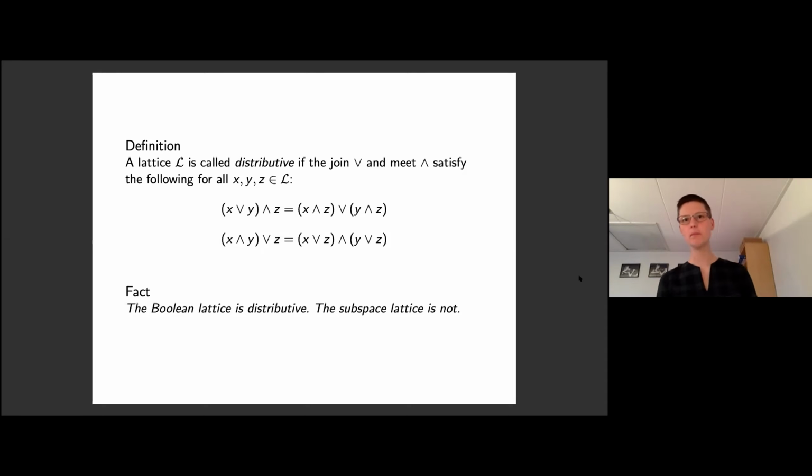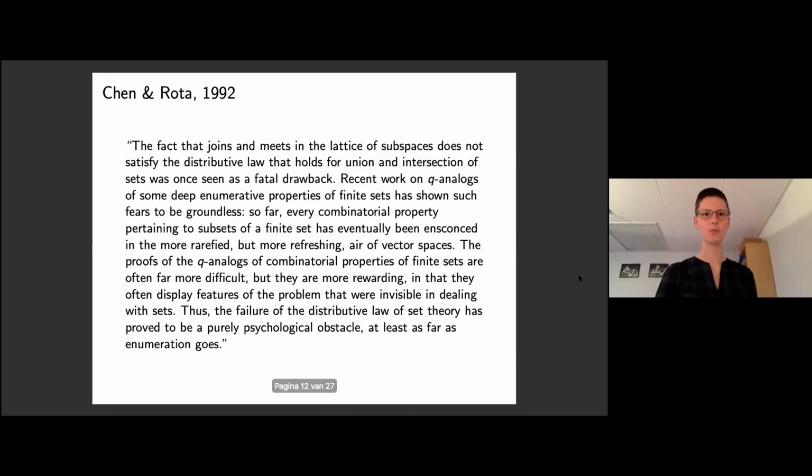Well, it wasn't really me who realized that this is the thing that's causing trouble. So I want to give you a fabulous quote from a paper I found from Chen and Rota in '92. It's long, but I'm just going to read the whole of it for you. The fact that joins and meets in a lattice of subspaces do not satisfy the distributive law that holds for union and intersection of sets was once seen as a fatal drawback.